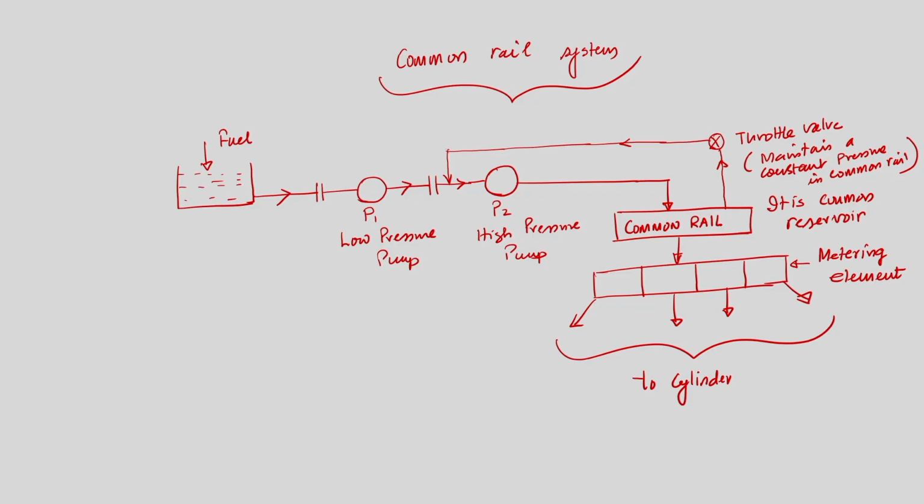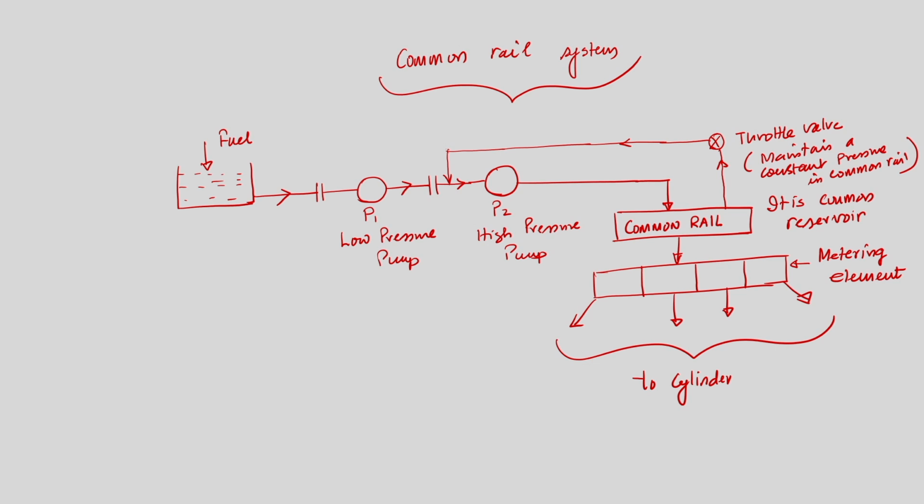So, to maintain the desired spray pattern supplied by this injection system into the engine cylinder, we have schematically depicted that from the metering elements, if we have 4 metering elements, we can distribute fuel to 4 different cylinders.